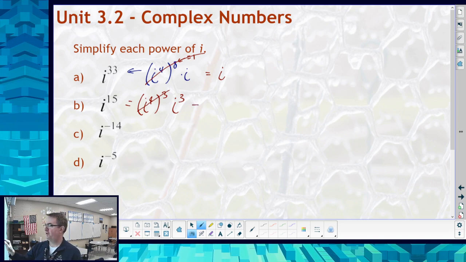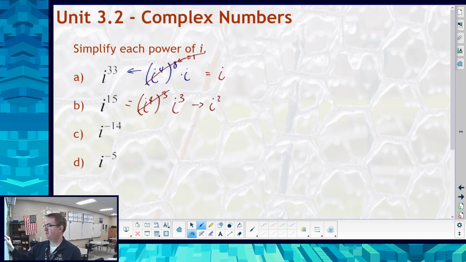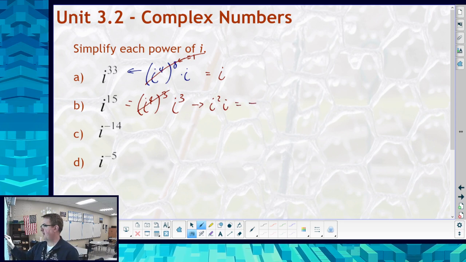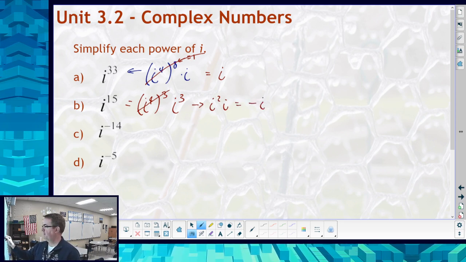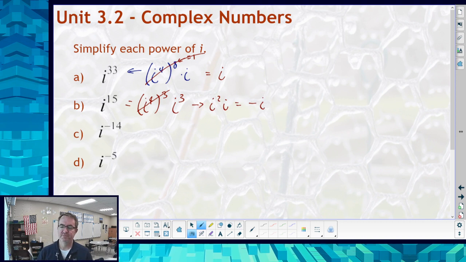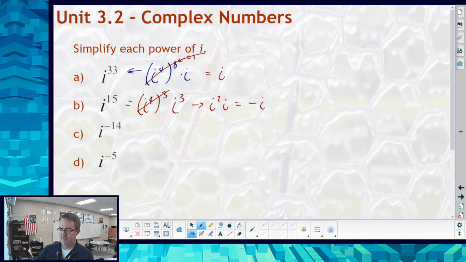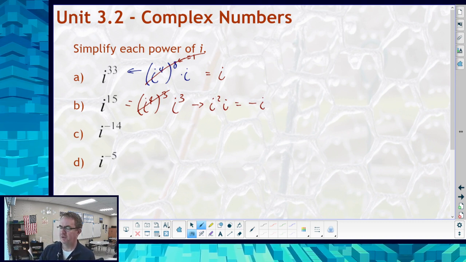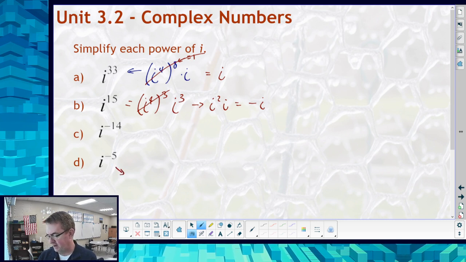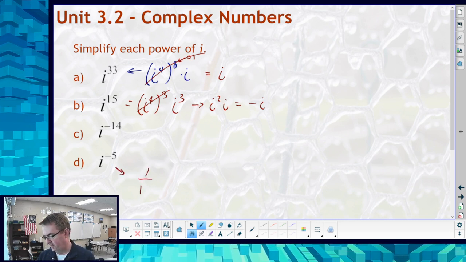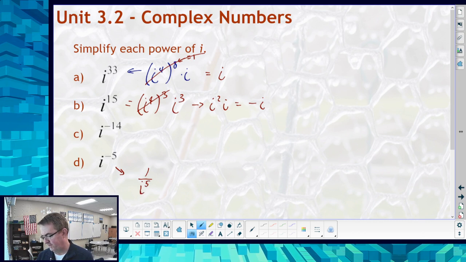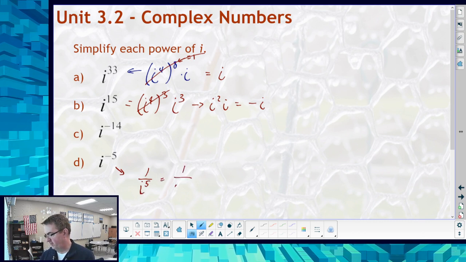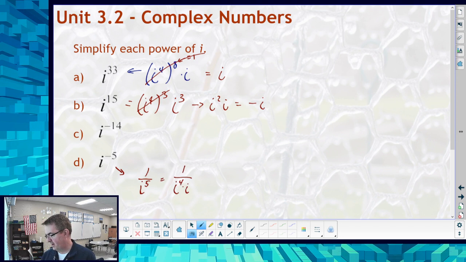I to the third, we know, is i squared and i, so that's going to be the opposite because of the negative 1 and i. Now what do we do with negative exponents? Same thing as we did before. This is technically 1 over i to the 5th. So that's going to be 1 over i to the 4th times i.